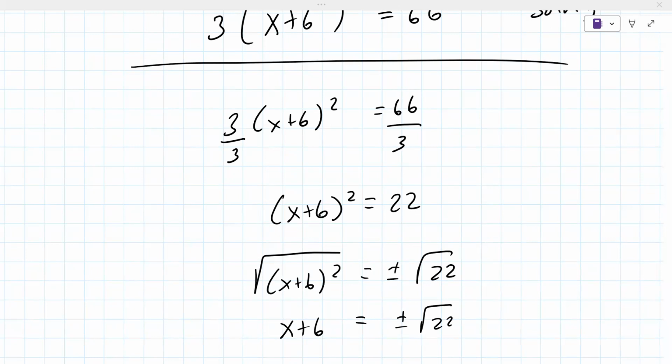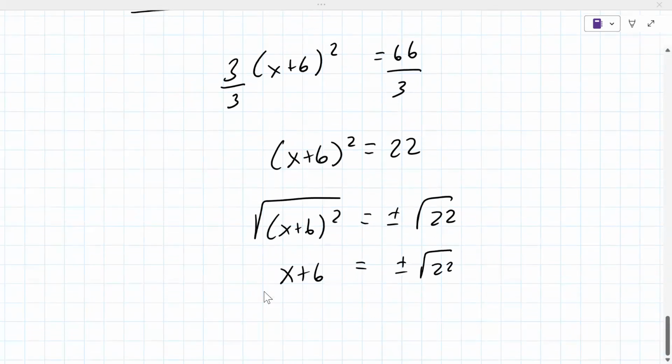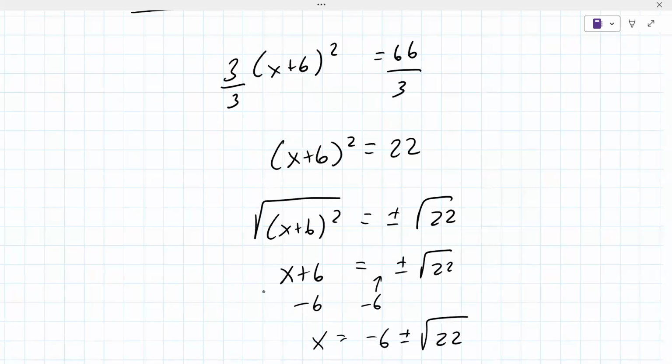And then you move the 6 over, so you subtract 6 from both sides. And there it is. It's solved. What does that mean? Well, that doesn't mean much, but it is solved.